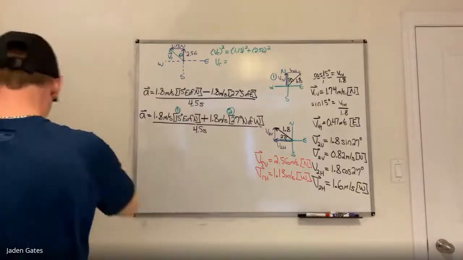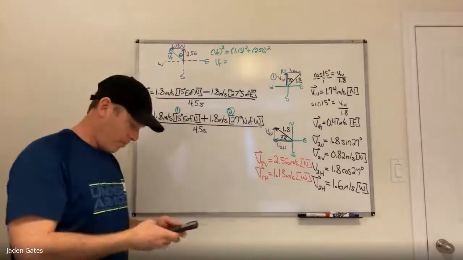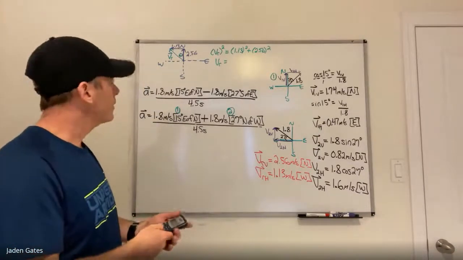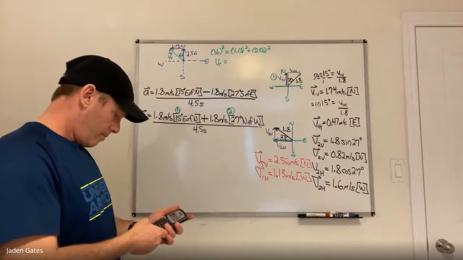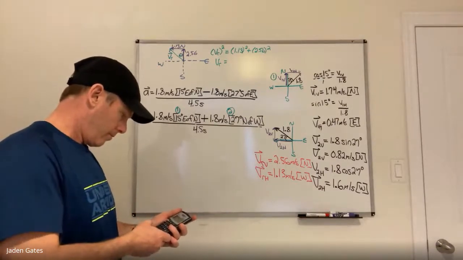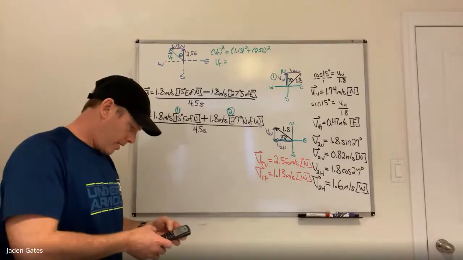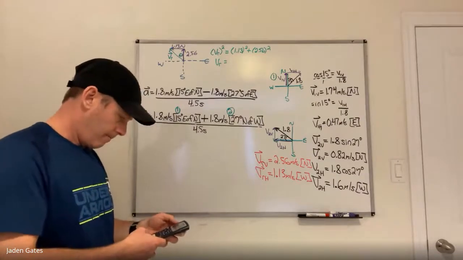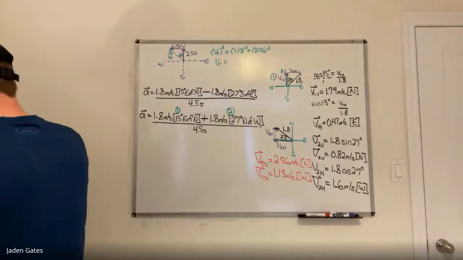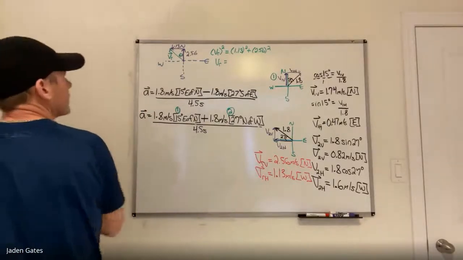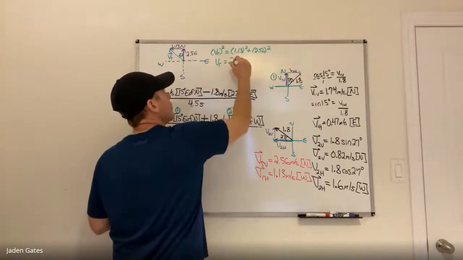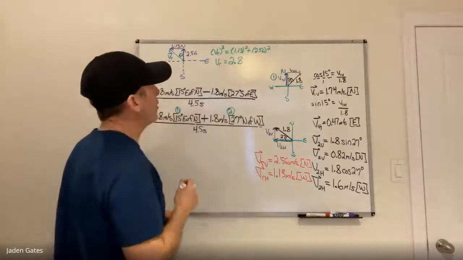And what do I end up with here? Let's see. Take that 1.13 squared. There it is, 1.28. All right, and let's see here. I'm getting 2.8. All right, so we get a 2.8 is my magnitude.